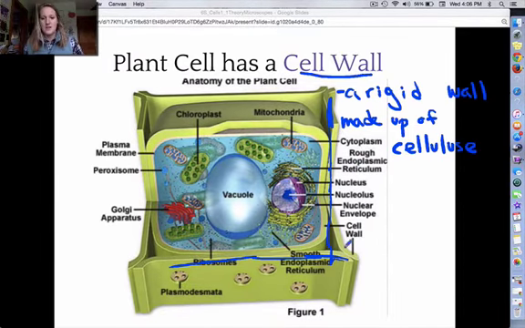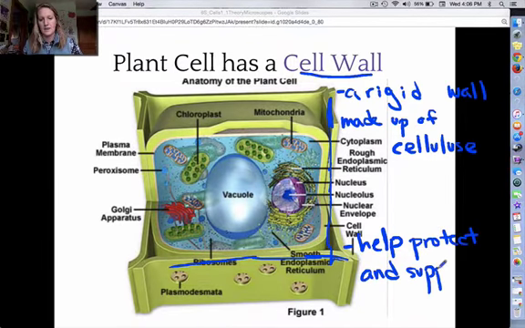And the reason why a plant cell has this is to help protect and support the overall structure of the plant itself. So a plant is that like woody stalk or a different stalk, so it needs to hold that shape. And because the plants don't have skeletons, they don't have those hard bones in them, they need another way in order to be rigid. And so the cell wall is what creates that for it.